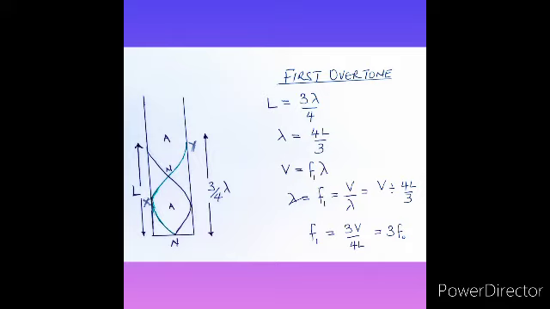We are looking at using the green line. So our L equals 3 wavelengths over 4.